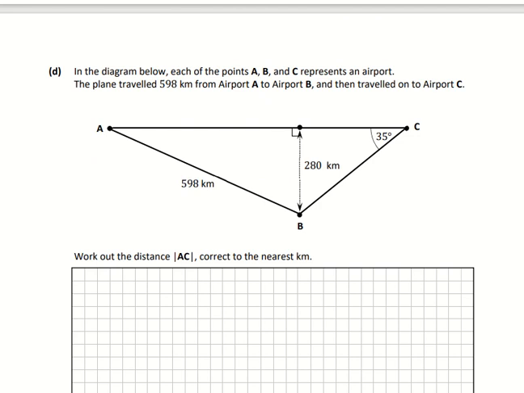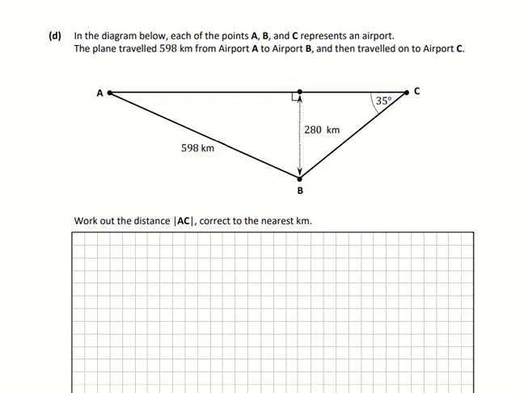Then there's another part D. Work out the distance AC. Well, we have to work this out in 2 parts. We're just going to work out this bit here first, and then we're going to work out the other side of the line.